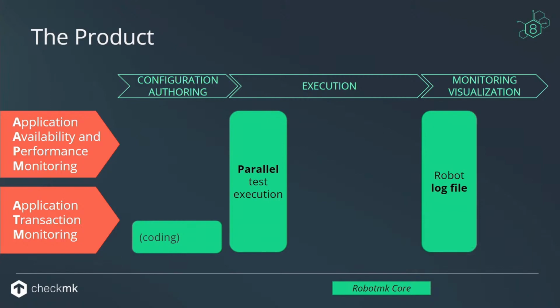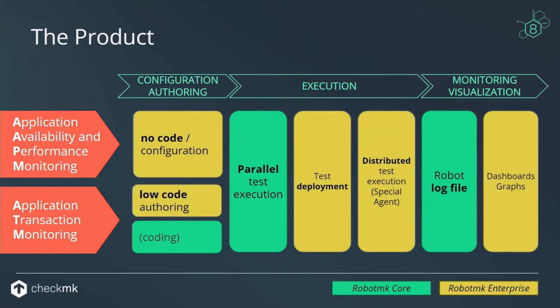And RobotMK Enterprise, in yellow, will include all the improvements in the test creation, visualization, the robot configurator for AAPM, and also RCC and the special agent for the cloud infrastructure providers. These are the enterprise features. It's way too early, before you ask, to talk about a pricing model, so simply stay tuned about this.